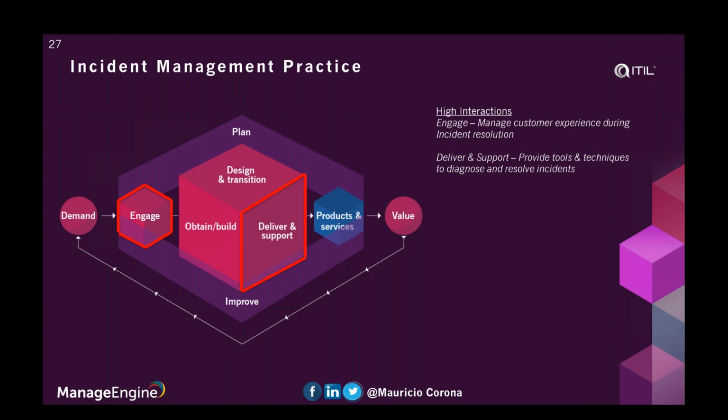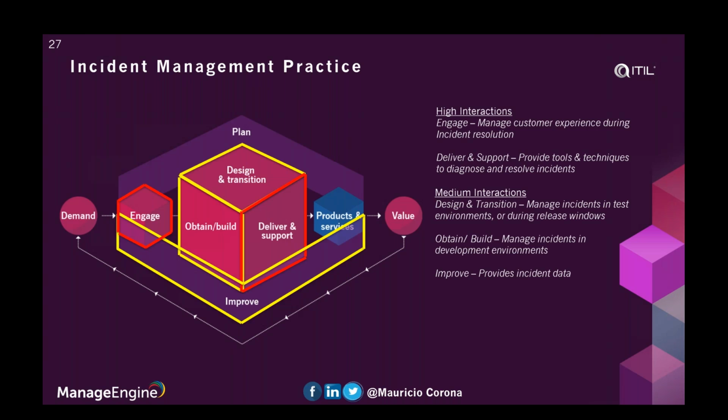That's the main engagement. And of course, there are several interactions on improvement, obtain and build, design, and transition. It all depends if it is something tough or if it is just a first level support issue, then maybe you can only use on your value streams engagement and deliver and support, and that's it. You will be able to handle this incident.